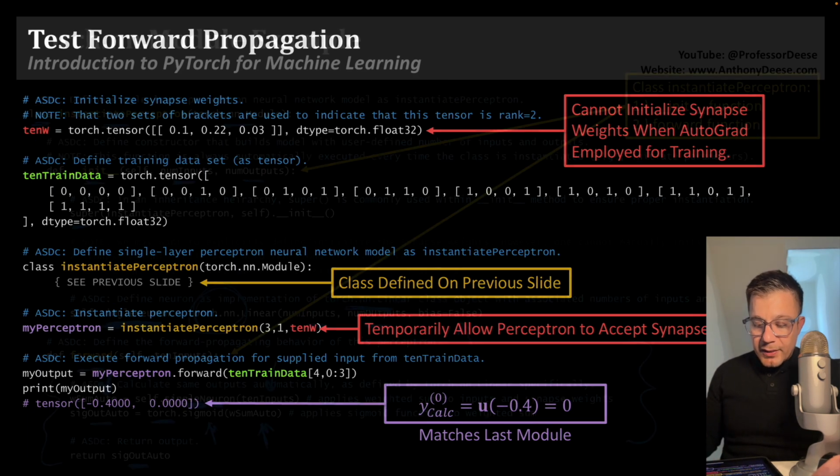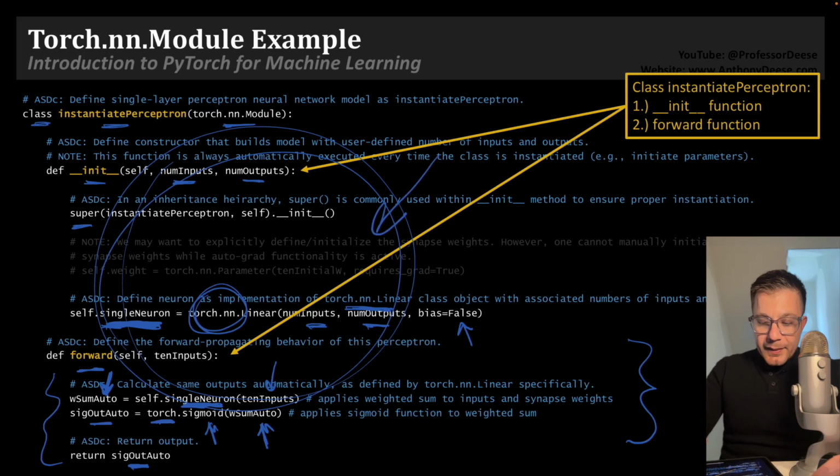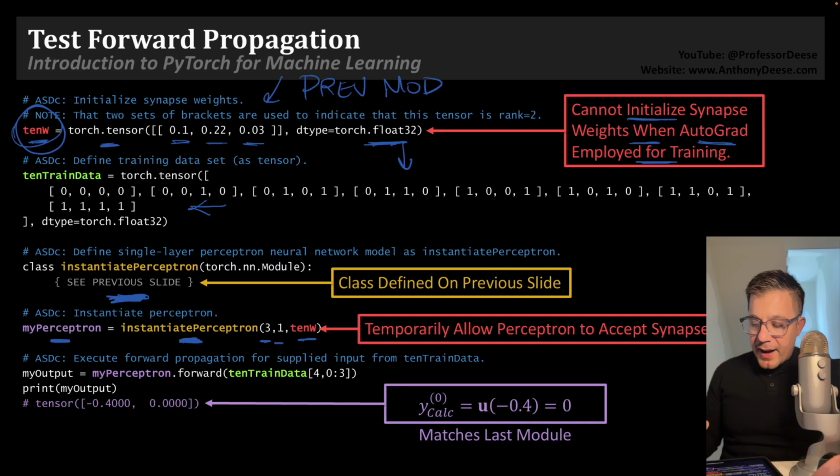Now, the one thing you may note is the way that we defined it here, it wasn't able to accept any synapse weights. So we had to change the code a little bit to allow it to accept these synapse weights. So the code of this version of instantiate perceptron versus the one on the previous slide, there's a couple small differences, but it's all with the purpose of generating this value of negative 0.04.